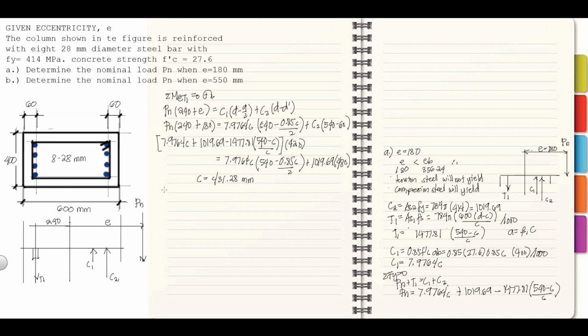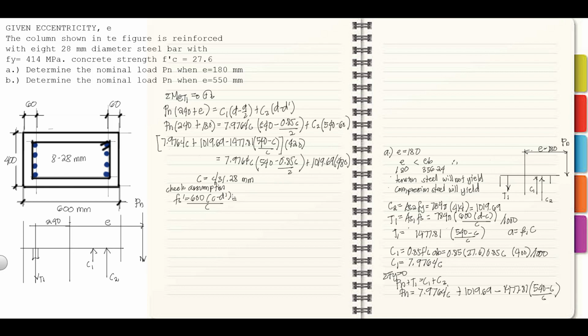And after solving for C, check natin. So, check the assumption. So, ang assumption natin, compression steel will yield. So, Fs prime is equal to 600 C minus D prime all over C. Okay?